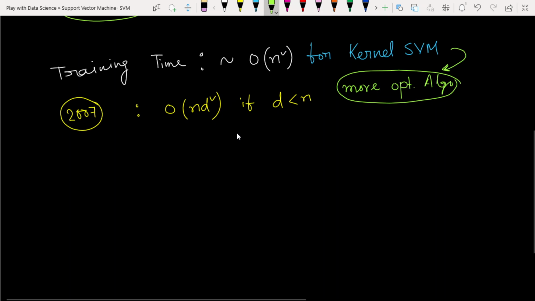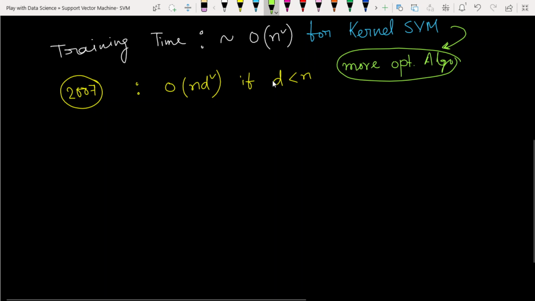If you consider an internet company, it is totally impossible to train our model, because the number of data points in training is so large. If n is large, then order of n square is so large.